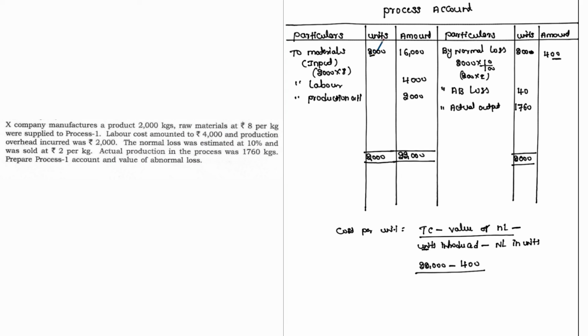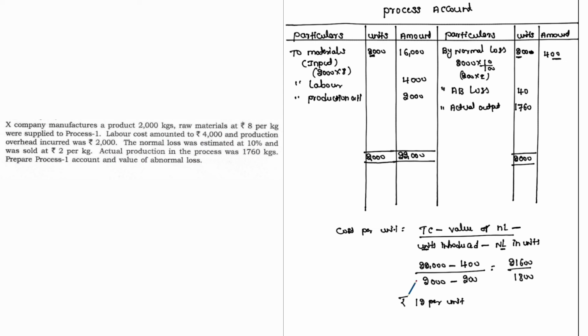So 2000 minus normal loss in units. So normal loss units is 200. So total 21,600 divided by 1,800. So we will get 12 per unit.